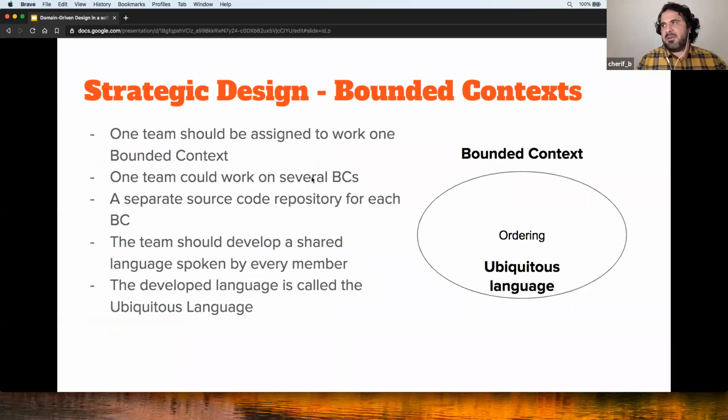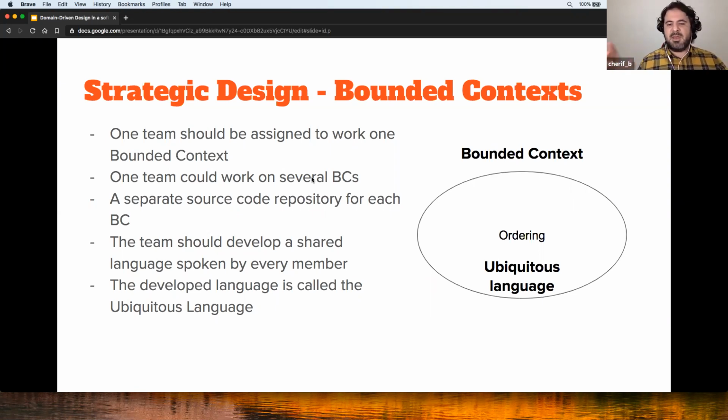In the bounded context, we should assign one team per bounded context. This is in the project management side, where one team can work on several bounded contexts, but we cannot assign several teams to one bounded context.